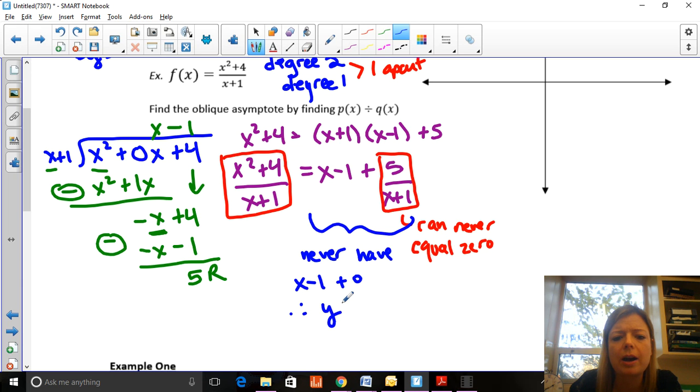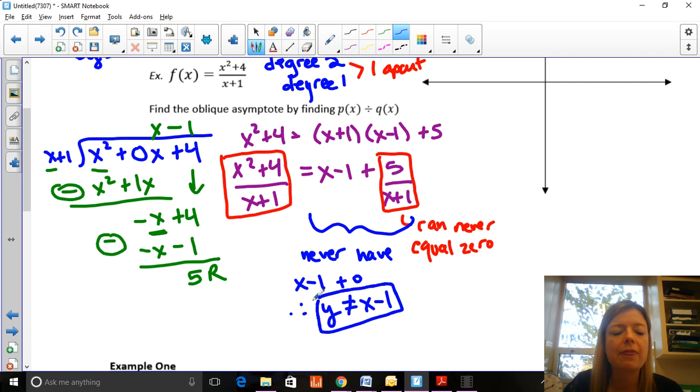Therefore, y cannot equal x minus 1. This right side is just another way of writing what's on the left side. No matter what you do here, you can't get 0 out of it, so this entire right side will never equal x minus 1. You'll always have x minus something close to 1, but you'll never have exactly x minus 1. So y cannot equal x minus 1, and that is the oblique asymptote. Therefore, the oblique asymptote is y equals x minus 1.